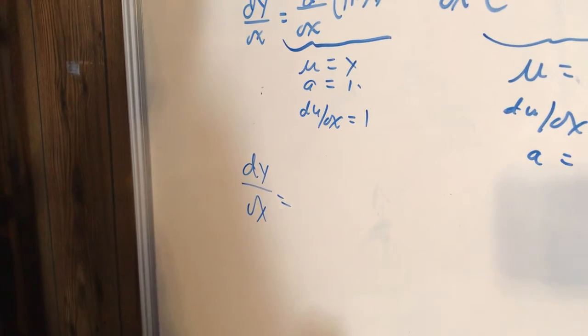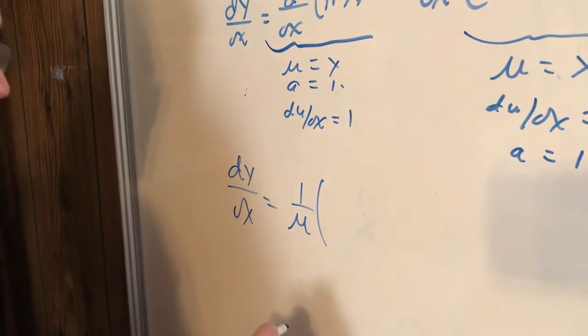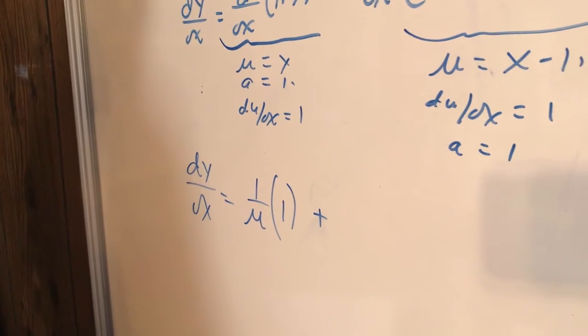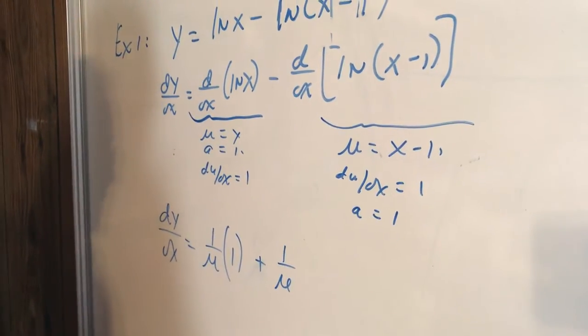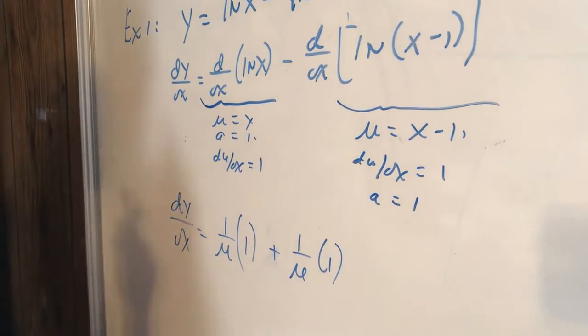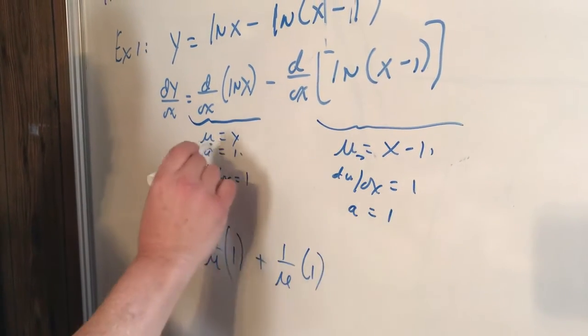And what we get here is 1 over u du dx, which is 1, plus 1 over u du dx, which is 1. Okay, but in this case, the u's are different. So we can call this u2 and u1.